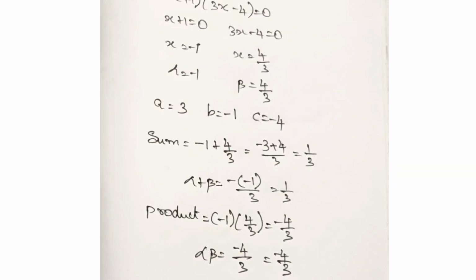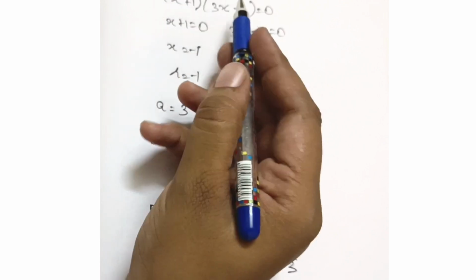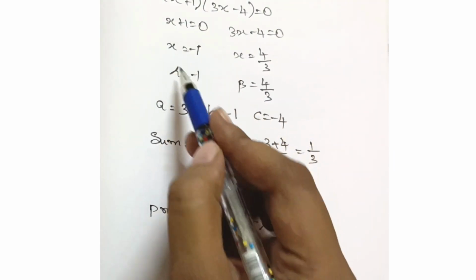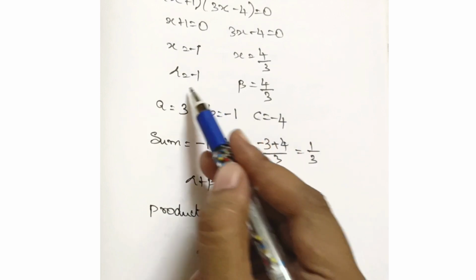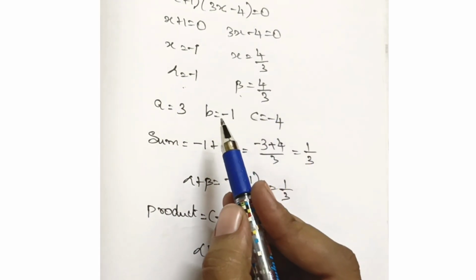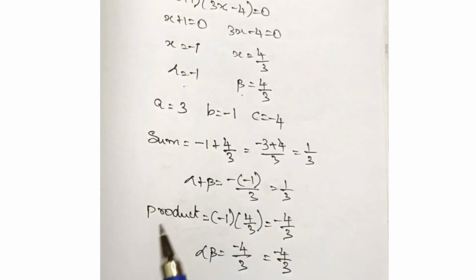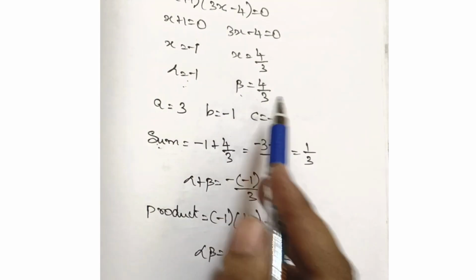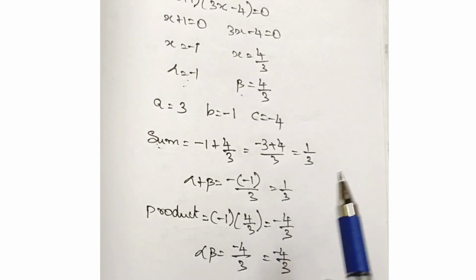Okay, I believe you learned how to solve this type of problems. First, equate the polynomial to 0. Factor this polynomial to get the zeros, alpha and beta, the two zeros of the quadratic polynomial. And the sum of the roots, alpha plus beta, minus 1 plus 4 by 3 equal to 1 by 3.